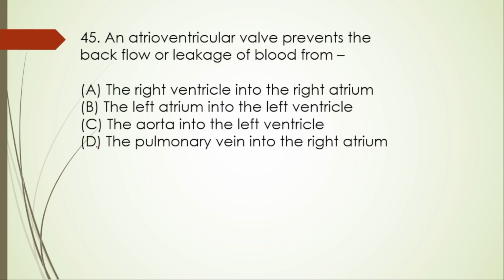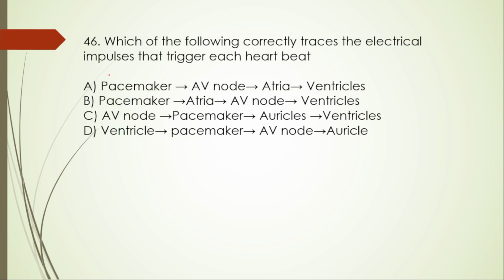Next, 45th one. An atrioventricular valve prevents the backflow or else leakage of blood from A. the right ventricle into the right atrium. Yes, this one itself is right. Next, 46th one. Which of the following correctly traces the electrical impulses that trigger each heartbeat?